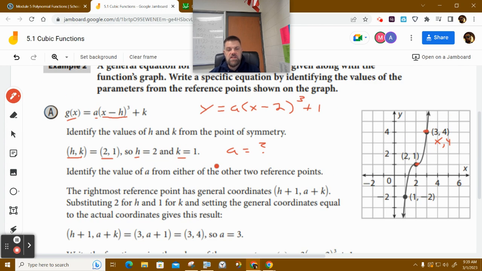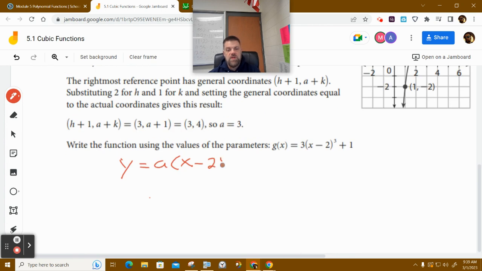Did I write that down right? Yeah, 2 raised to the third power plus 1, right? And I know the point 3 comma 4 exists on the line where this is an x value and this is a y value. Then I could solve for A, because if I plug in 4 for y, leave this as A, and plug in 3 for x, plus 1.